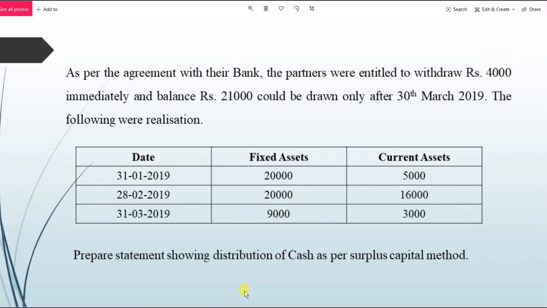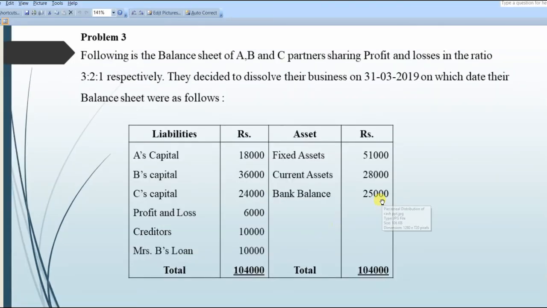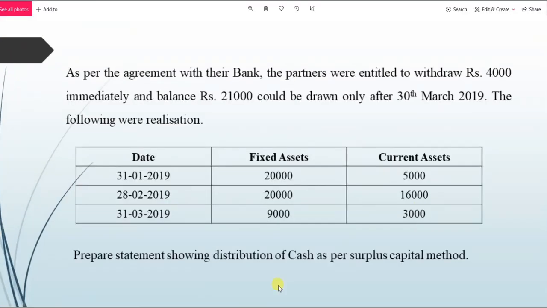We have 25,000 in the bank, but we can only withdraw rupees 4,000 now, and the remaining balance will be withdrawn after 31st March 2019.